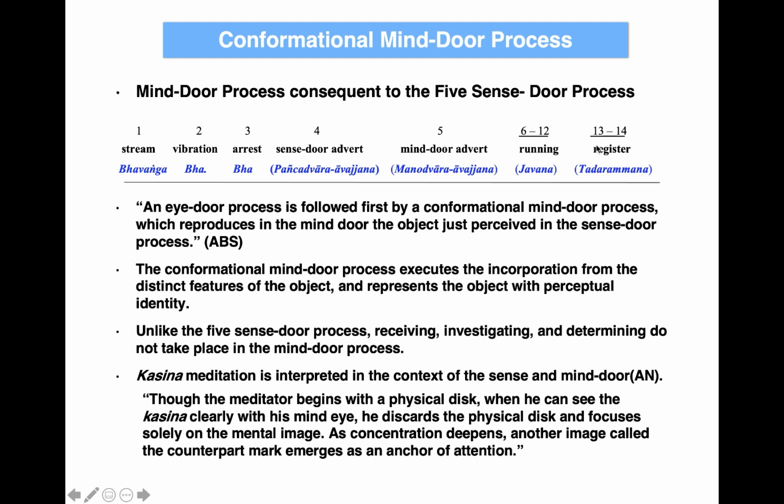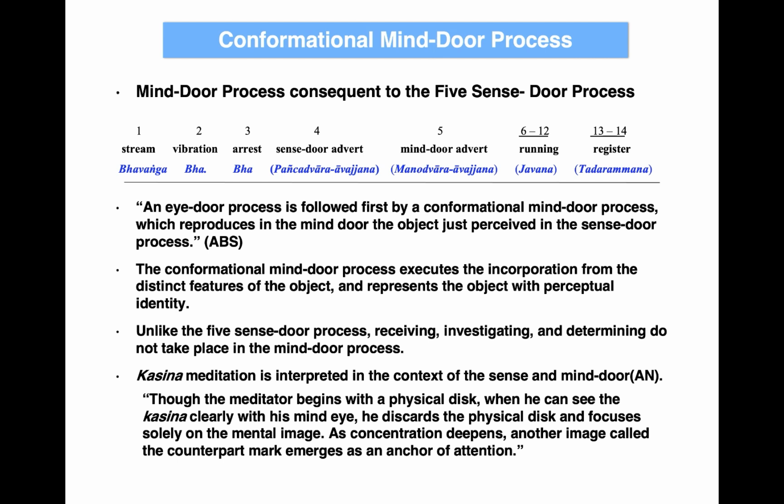An eye door process is followed first by a conformational mind door process, which reproduces in the mind door the object just perceived in the sense door process. So your mind can reproduce the experience you've had in the sense door process. The conformational mind door process executes the incorporation of the distinct features of the object and represents the object with perceptual identity.